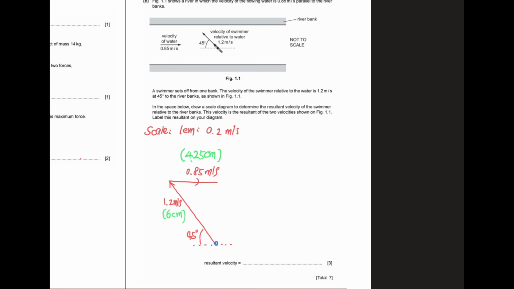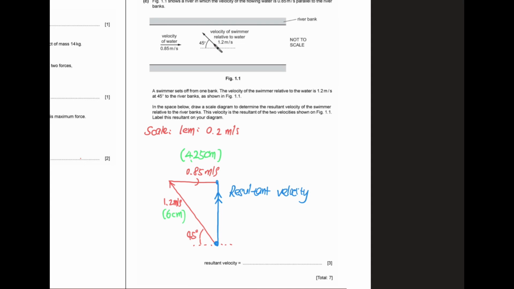After drawing this, now you can get the resultant. The resultant is where you look at the starting and the end point, so you just draw that. This is the resultant, we call this resultant velocity. How long is your resultant velocity? You use ruler to measure it.